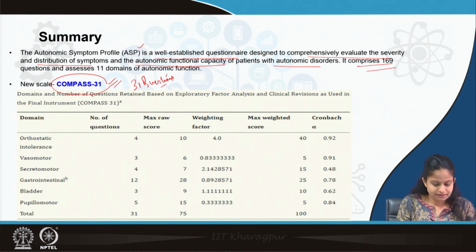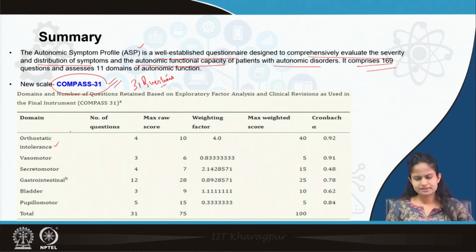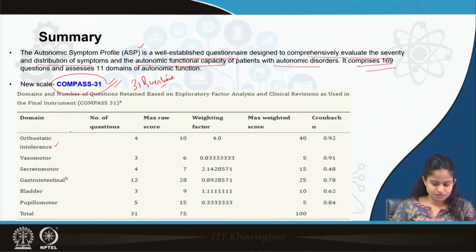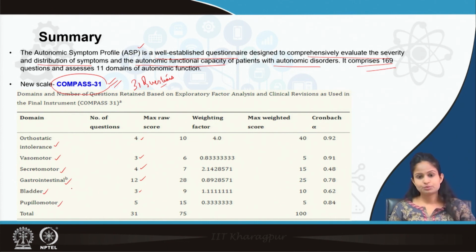Orthostatic intolerance is assessed with 4 questions. Vasomotor function is checked with 3 questions, secretomotor functions 4 questions, gastrointestinal functions 12 questions, bladder motility 3 questions, and pupillomotor actions with 5 questions.